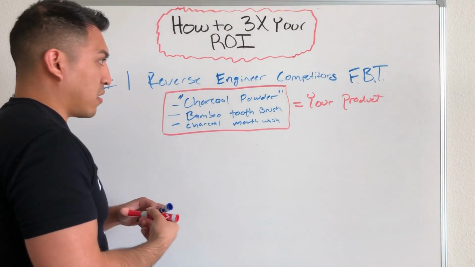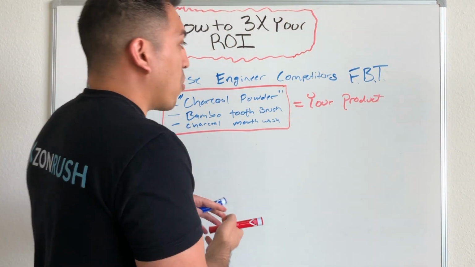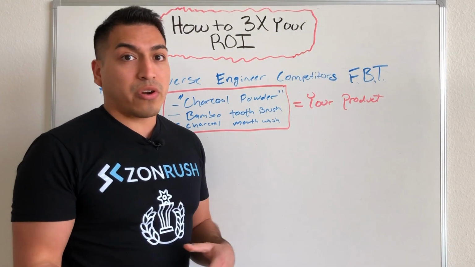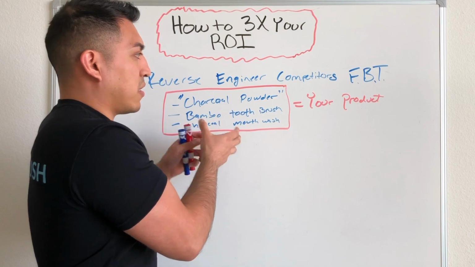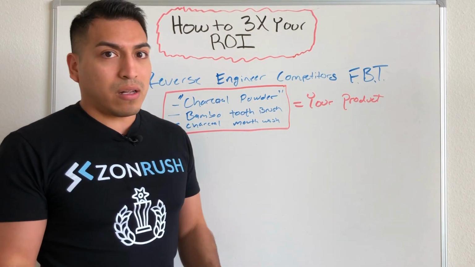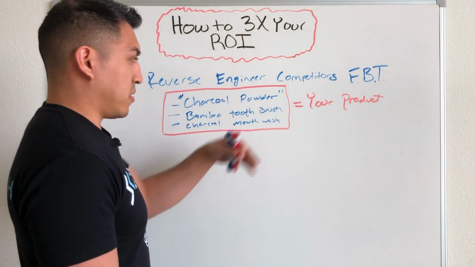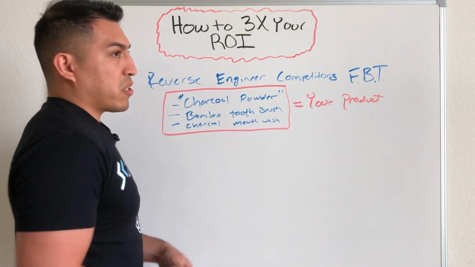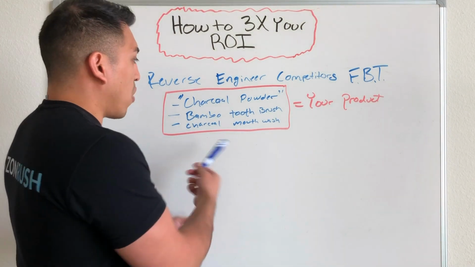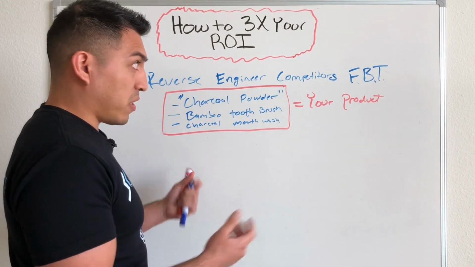This is going to take a lot more research on your part, but if you could bundle these together, maybe the average selling price is $19.99, $24.99, but you see that the toothbrushes are $10 a pop, the mouthwashes maybe, I don't know, $15.